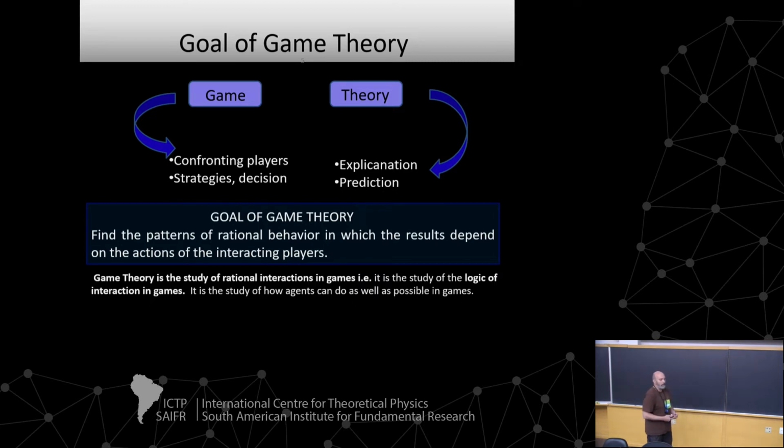So the goal of game theory is to find the patterns of rational behavior. Again, I haven't defined yet what rational is. We will see it in the next slides. But the goal of game theory is to find the patterns of rational behavior in which the result depends on the actions of the interactive players.